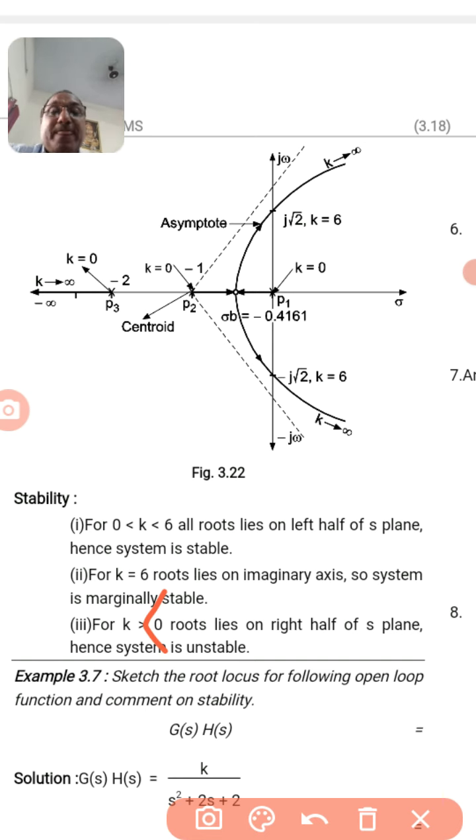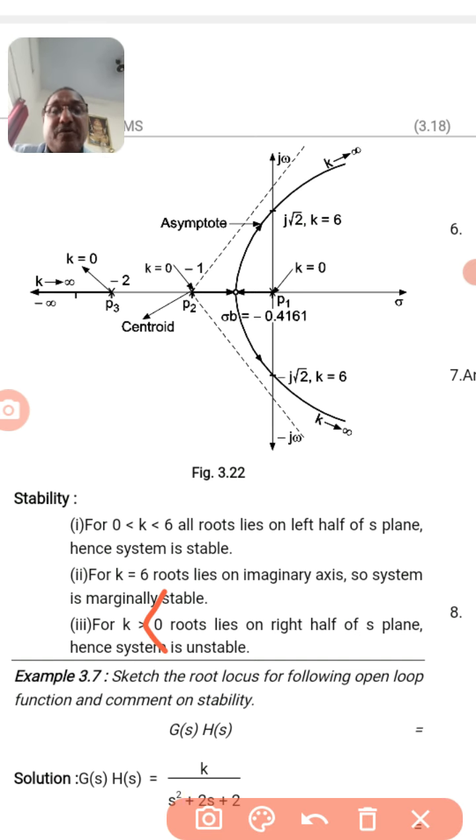Below 0, the system will become unstable. Above 6 again, the system will become unstable. Between 0 to 6, this will follow a root locus path. As the shape of this is just like a locus or loci, asymptotes are there and all these parts are there. This is important to study.